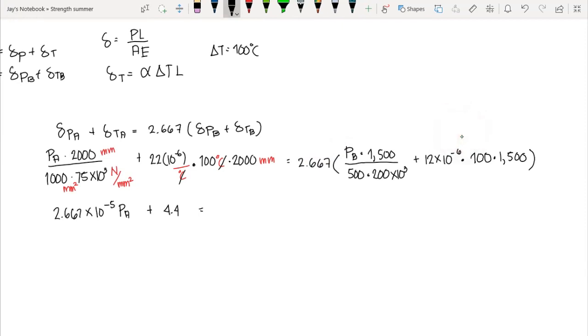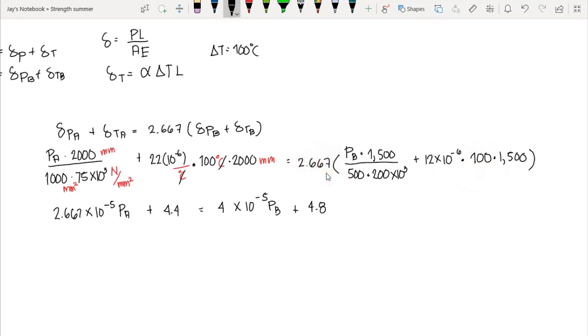We evaluate this first term, then multiply the value by 2.667, then we could have 4 times 10 raised to negative 5, that is PB, plus we evaluate this term, then multiply the value by 2.667, then we could get 4.8.